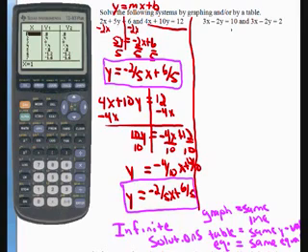Go to our second example, you'll get y is equal to 3/2 x minus 5, and your second equation you should get y is equal to 3/2 x minus 1.